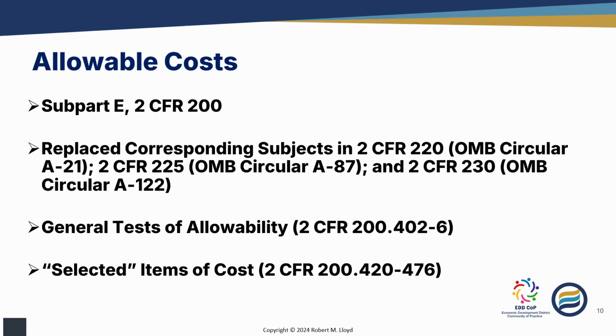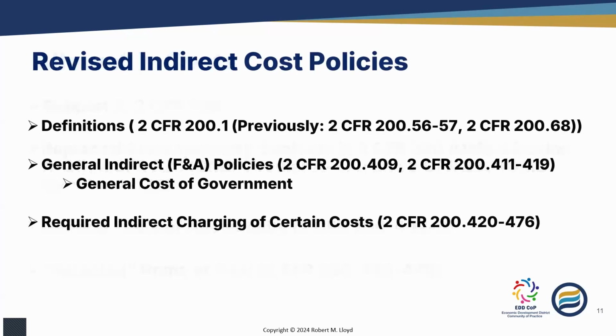Now, getting over to slide 11, OMB has revised the indirect cost policies in the uniform guidance most recently, and the citations that are presented to you there on slide 11 are ones that you can cross-reference and see where it says what I'm articulating at this point.